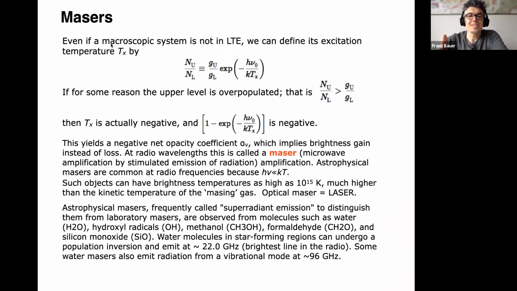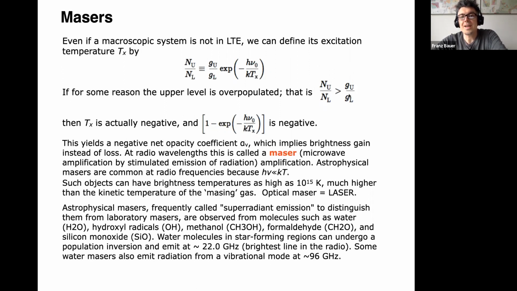If we have something which is not in LTE, we can still define something which looks like this Boltzmann ratio, but this temperature is not the LTE temperature, it's just the excitation temperature. If you've somehow overpopulated the upper level, then this upper level ratio could be greater than this.